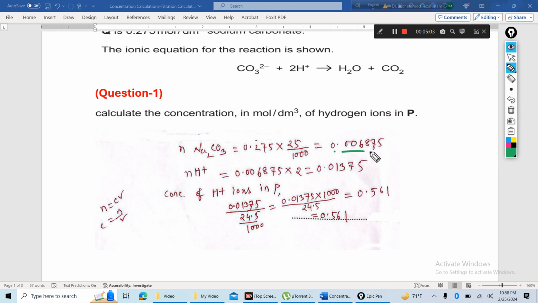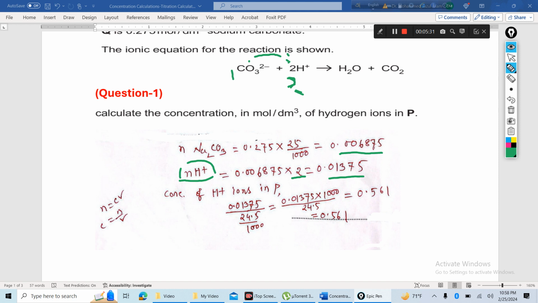Now this is the moles of sodium carbonate. Then this is 1 mole, this is 2 mole. Hydrogen ion is twice the carbonate ion. So moles of hydrogen ion, moles of acid, is this times 2, and you get this value.